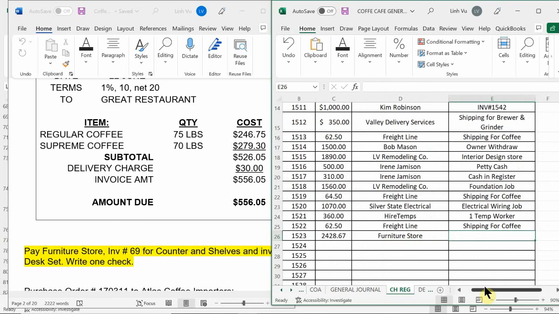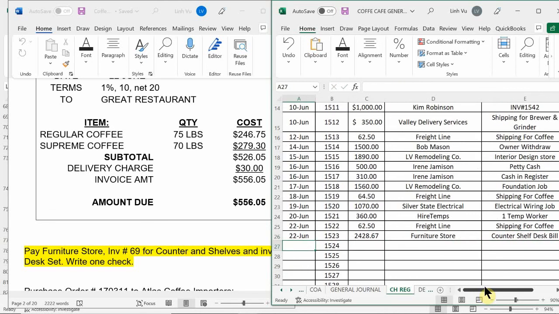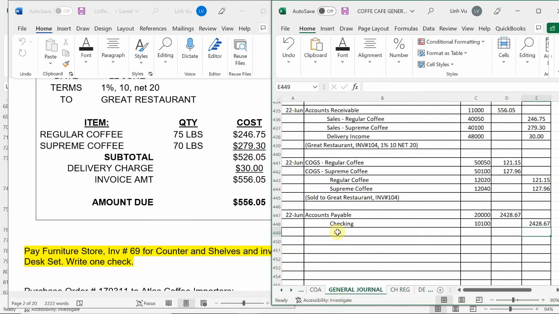For what? Counter, shelving, and that's it. So I have check number 1523.